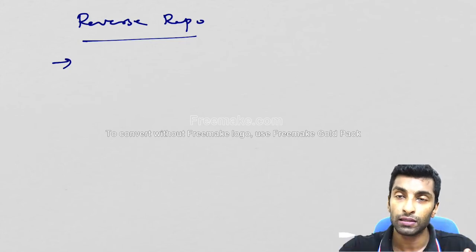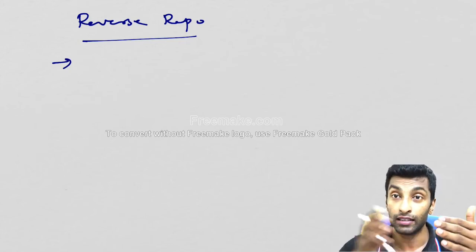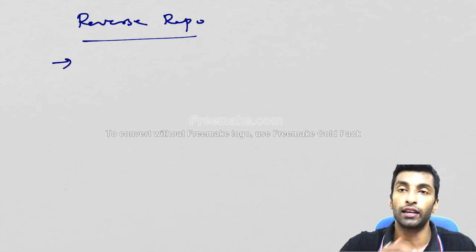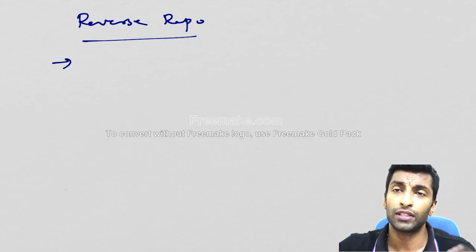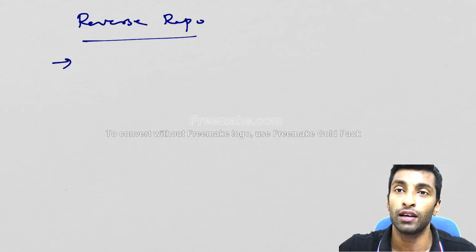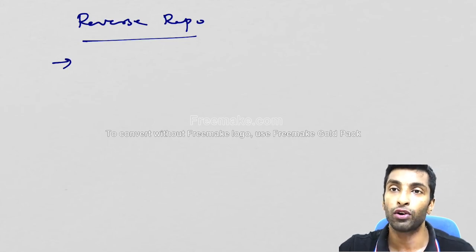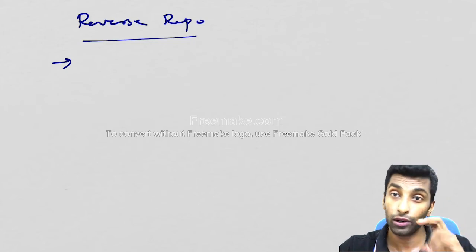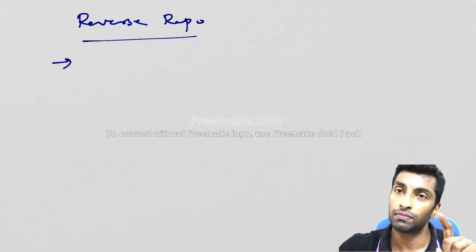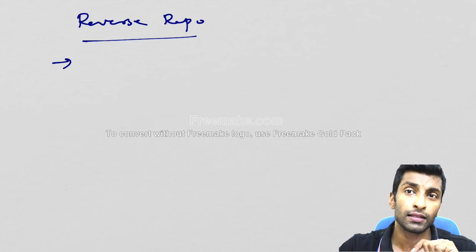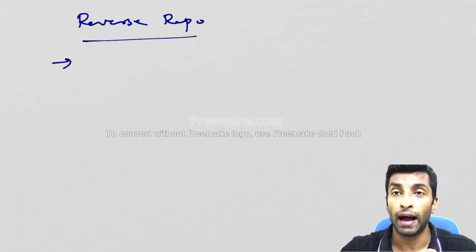So you can use two ways to explain reverse repo. I'll tell you the technical definition, which is entirely different, just like what we have seen in case of repo. But generally what you understood is RBI borrowing from the banks is reverse repo, and banks borrowing from RBI is the repo. So here for reverse repo, I'll tell you two ways of understanding. One is just like I've told you now, RBI borrows from the banks. Second is there's a rate of interest at which banks can keep their money with RBI.